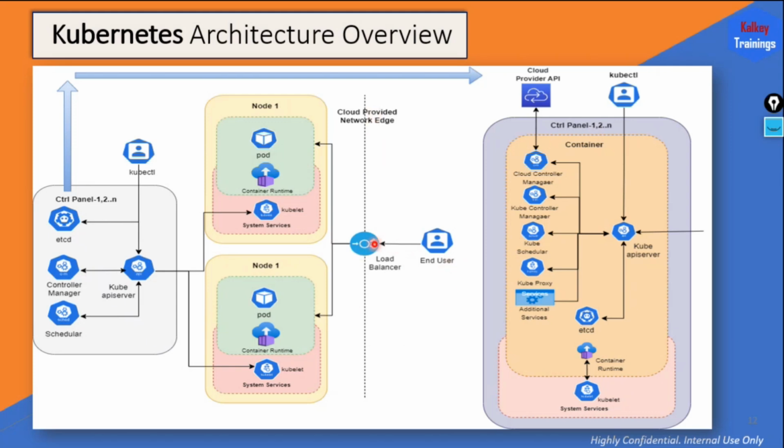What the load balancer will do is distribute the load between the nodes. Because if you do not have a load balancer, you cannot direct or distribute the load between the pods or the nodes distributed all over the cluster. So the load balancer has a round robin logic.